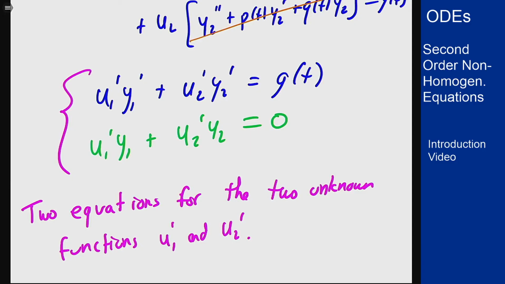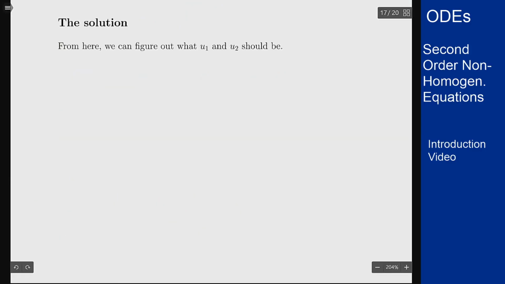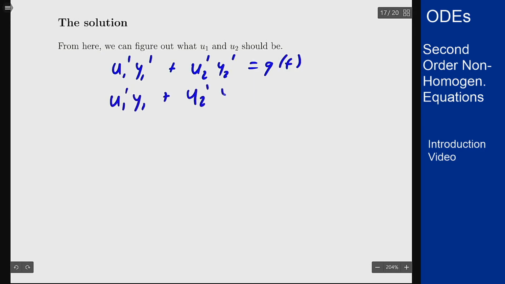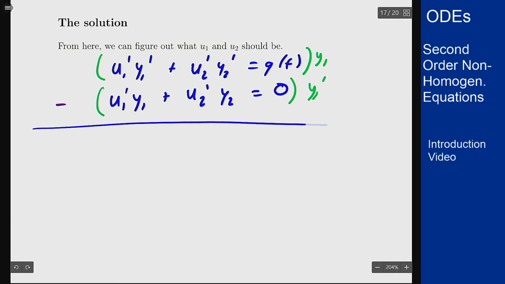So now for more messy algebra, let's solve this out. So we had u1 prime y1 prime plus u2 prime y2 prime was g of t, and u1 prime y1 plus u2 prime y2 was 0. To solve out, I'm going to multiply this first equation by y1, the second equation by y1 prime, and then subtract them to give me the fact that the first terms cancel out, because this will be u1 prime y1 prime y1 minus u1 prime y1 y1 prime. Those will cancel out.